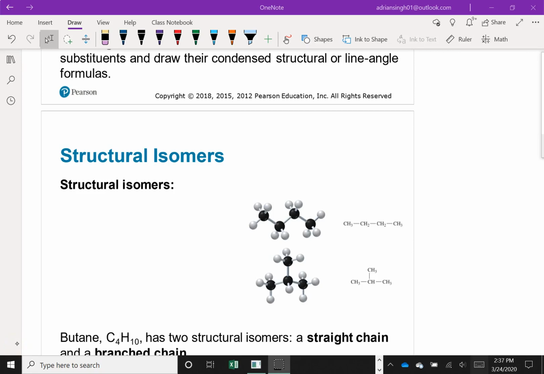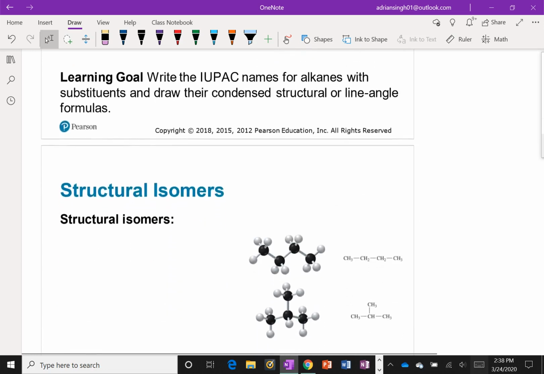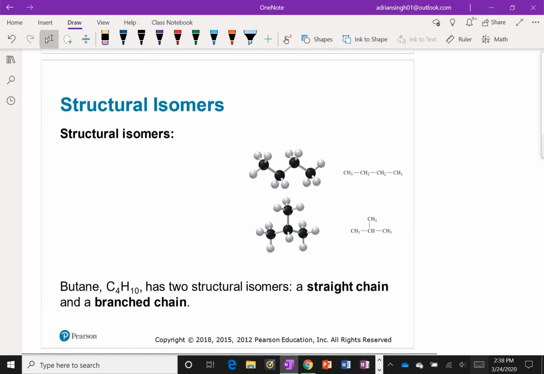Okay, so now we're going to take a look at one of the other important characteristics associated with your organic compounds and your hydrocarbons by extension, and that is the ability for them to form what are known as structural isomers.